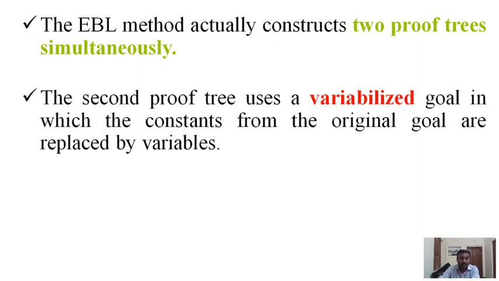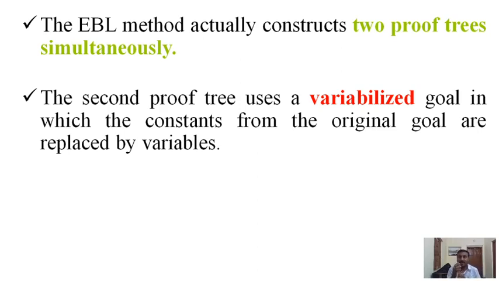What will happen? Coming to the point, the second proof tree uses a variabilized goal in which the constants from the original goal are replaced by variables. So in the second one, we are using variabilized concepts.